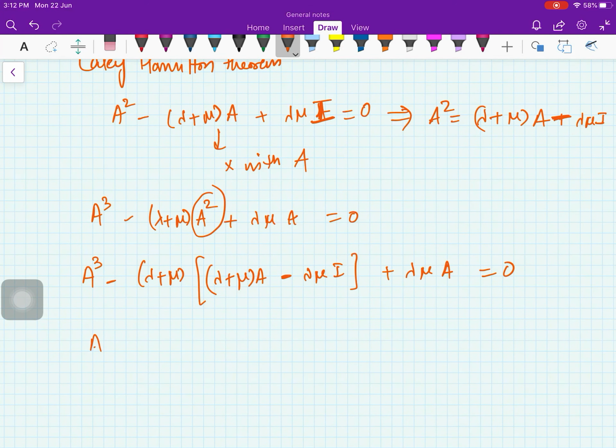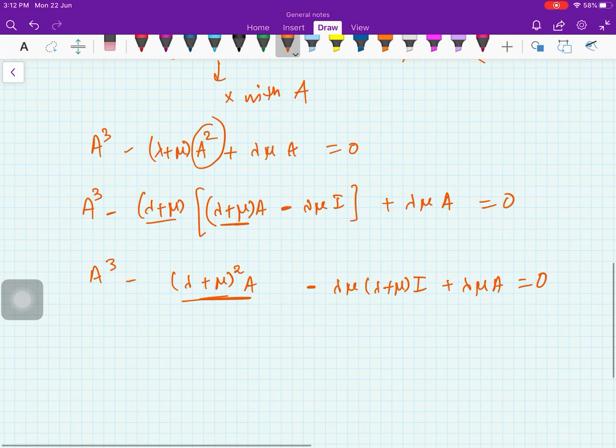So this will be A cube minus lambda plus mu whole square into A, and then minus lambda mu lambda plus mu into I, plus lambda mu A equal to 0. Now you combine these two.